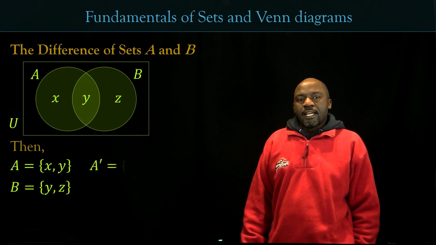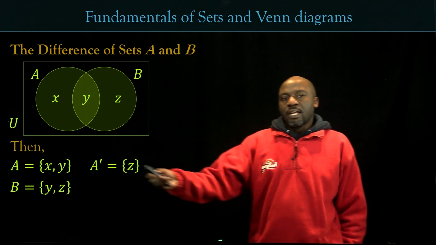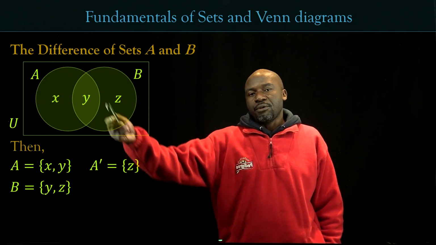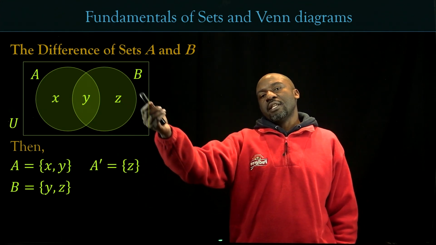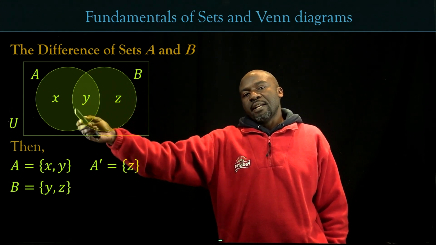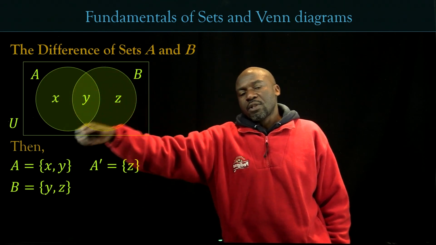And the set of all elements that are outside of A, so if you look there, the elements that are outside of A, and we are assuming that all the elements are either in A or B, there is nothing outside.